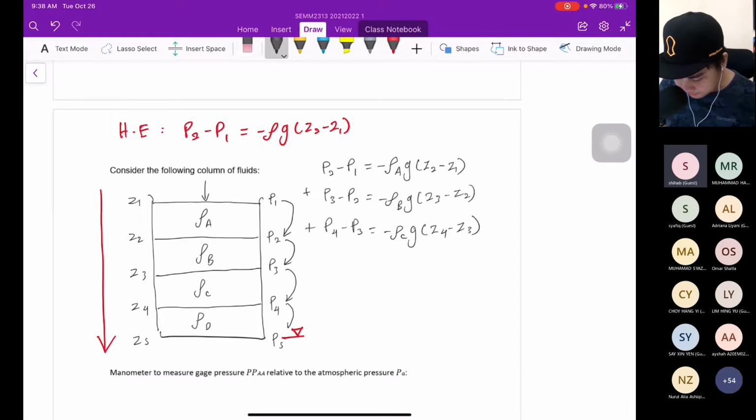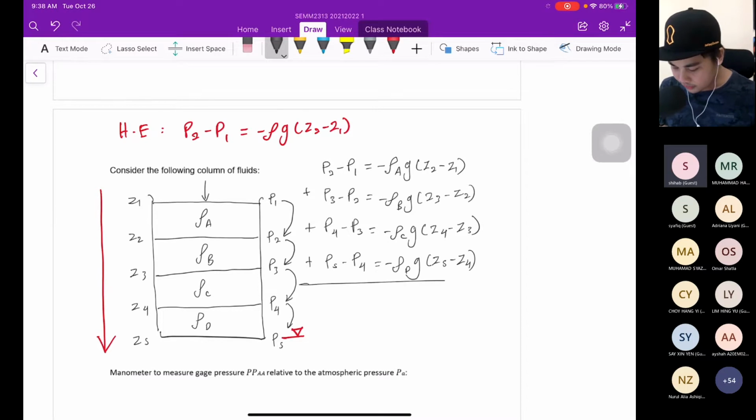And finally, plus P4 going to P5. So P5 minus P4 equals negative rho D, G, Z5 minus Z4.